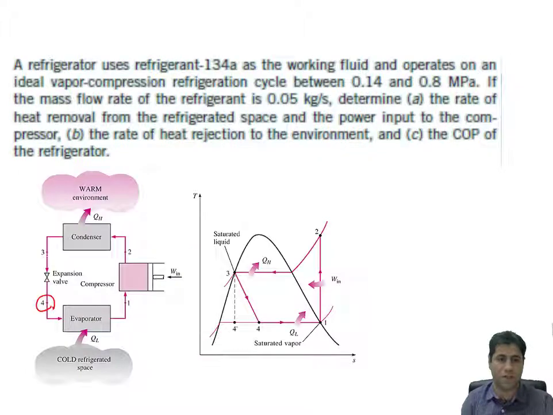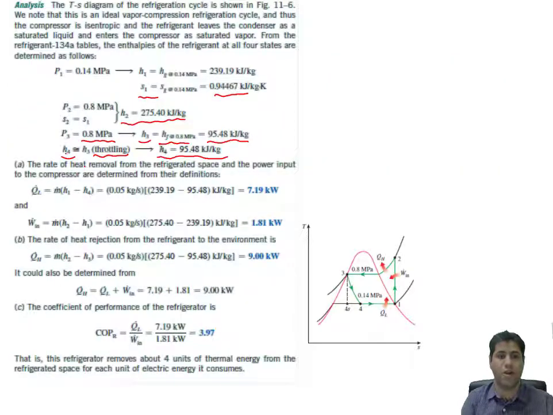The process from state 3 to state 4 is in the expansion valve, so approximately the enthalpy at state 4 is equal to the enthalpy at state 3, or h4 is approximately equal to h3. We have already found h3, so we also have h4. Now we have all of the enthalpies for the different states in this cycle.